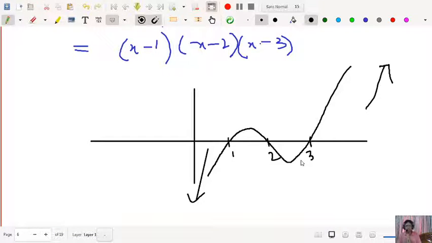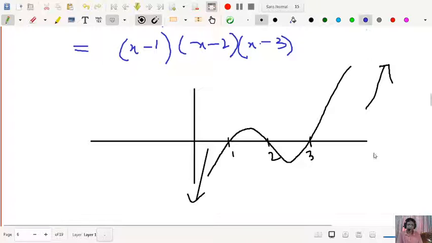What are the zeros of the polynomial? The zeros of the polynomial are the values of x where the curve cuts the x-axis. So you got 3 points for this cubic polynomial, all real values.